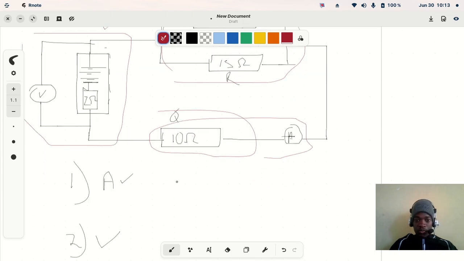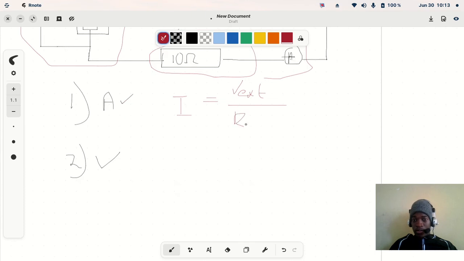So we can use Ohm's law. So I is V external over R external. Remember, this came out of the same formula as V is equal to IR, but we just segregated and divided things the way we felt necessary.